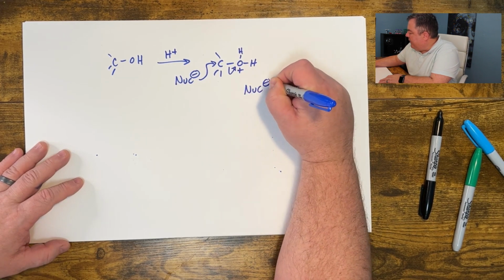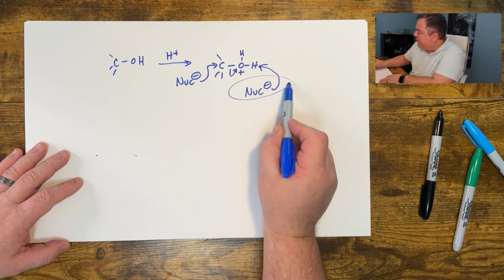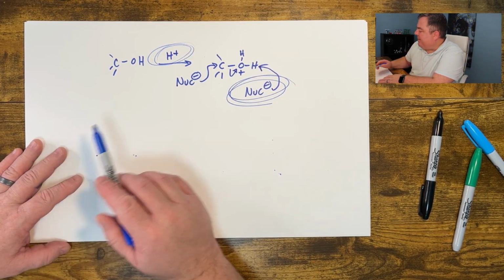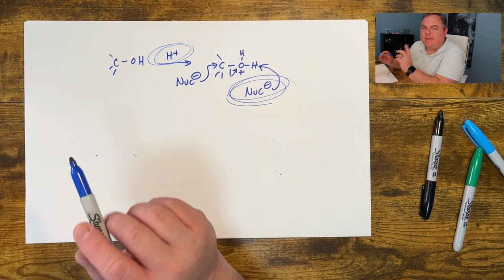Instead, the nucleophile would just go grab this H+. So you're not allowed to throw something negative in there with something positive like this, because these two things get together and it doesn't do the reaction I want.